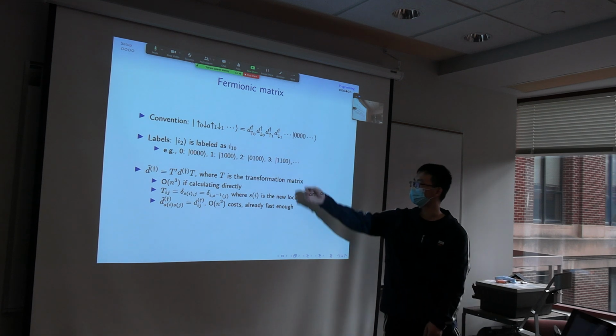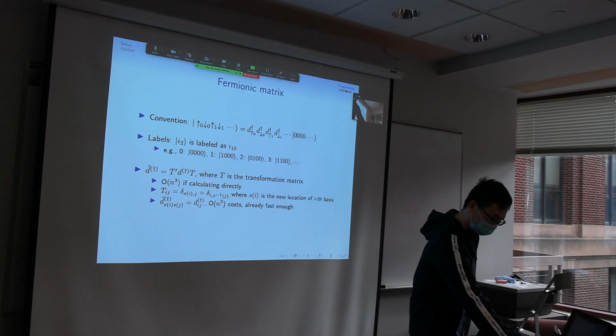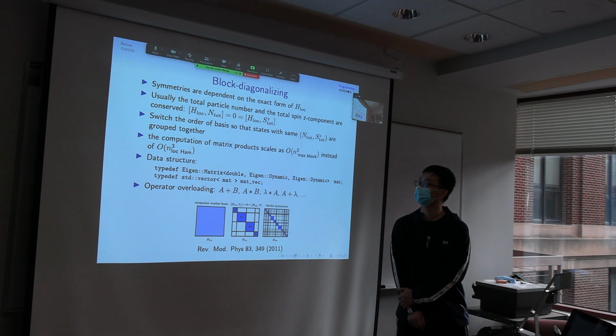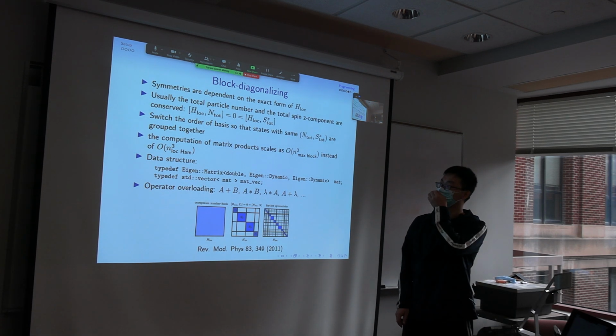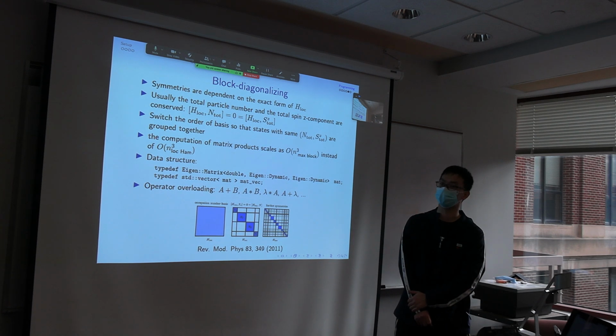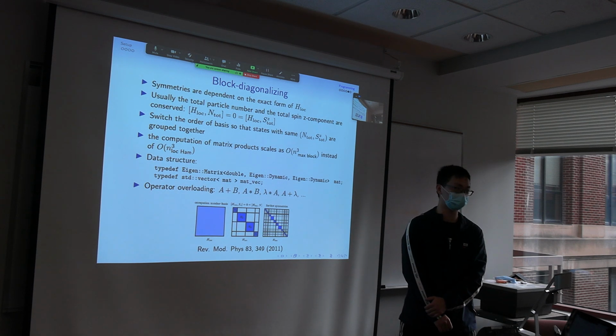Currently, I just use the orbital matrices. This is how to do the block diagonalization. The symmetry usually depends on the exact form of each local Hamiltonian. But usually, we know that the total particle number N and total S_z spin are conserved.